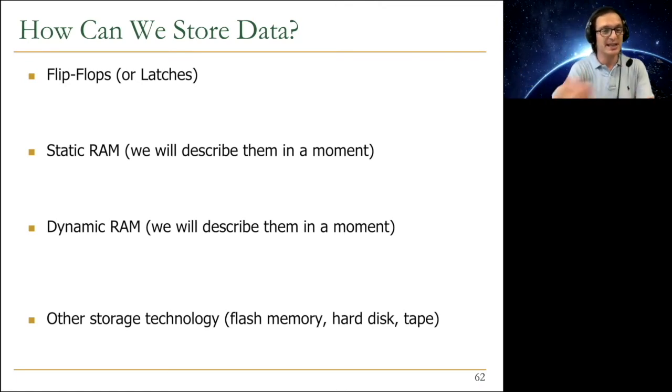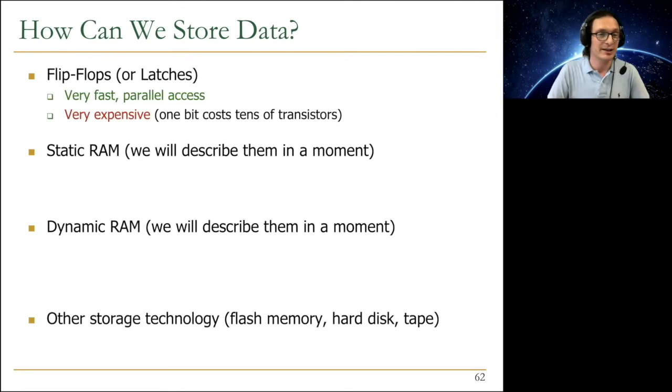So if you look at any memory type or any storage type, it may look similar because it consists of arrays of cells, essentially. Okay, just to remind you, flip-flops or latches, we covered them in the sequential logic, and then we use them in many of our labs. The big advantage here is they're really logic-based, right? And they're very fast. They can give you parallel access, but they're actually very expensive, very costly.